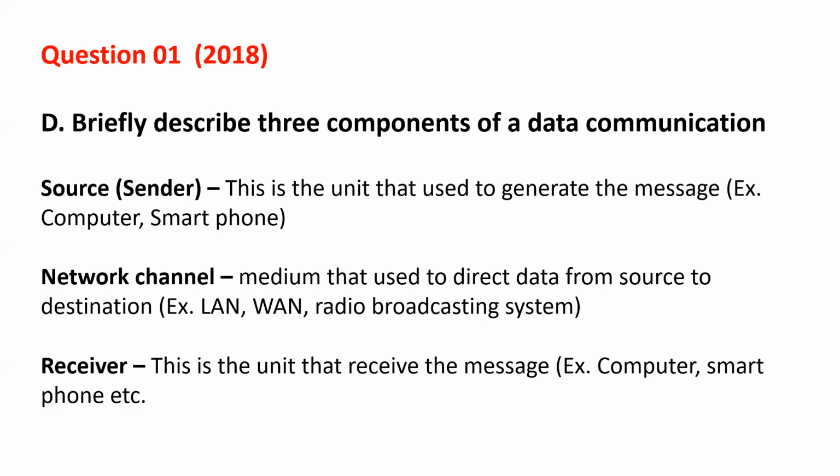According to that diagram, if you remember, tell me what are the components. According to that diagram: source, network channel, receiver. Those are the main 3 elements of the data communication process.